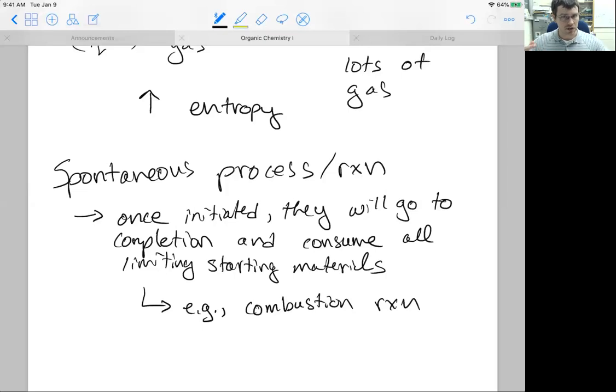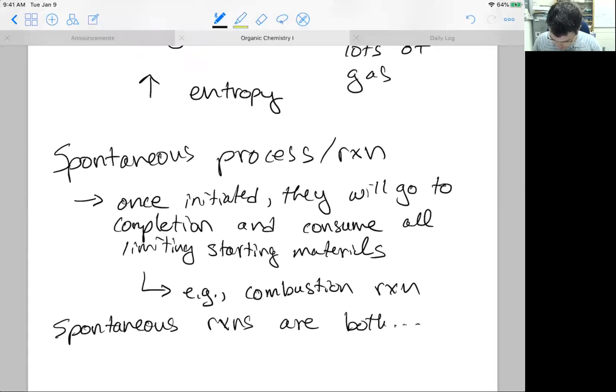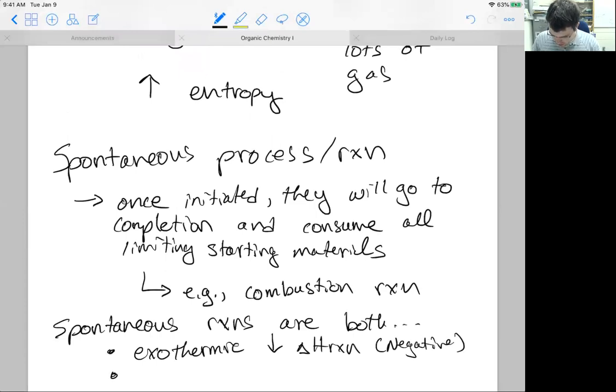I want to think about how this process just kind of keeps going and churning and churning. Why does it do that? So what's special about spontaneous reactions? Spontaneous reactions are both exothermic, that is, they have a negative or a very low delta H of reaction, and they lead to an increase in entropy.